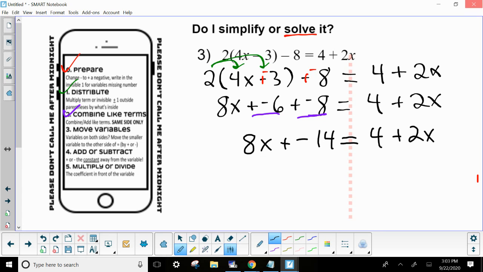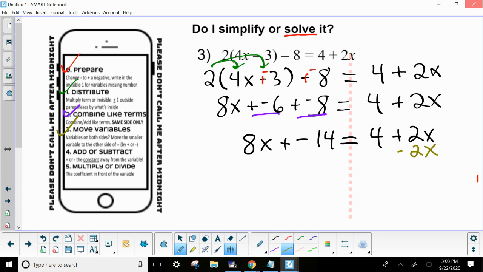So next we can move variables. With variables on both sides, move the smaller variable to the other side of the equal sign by either addition or subtraction. I'm personally going to take the smaller of the 2 variables, which is a positive 2x, and bring that over. It's going to leave me with a positive number.